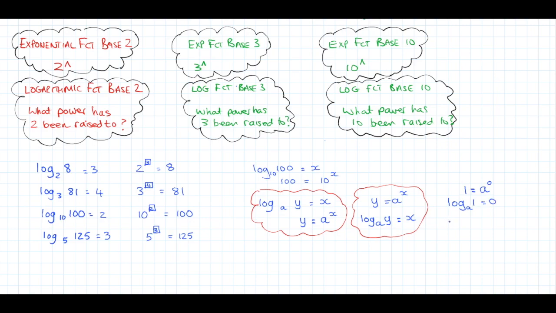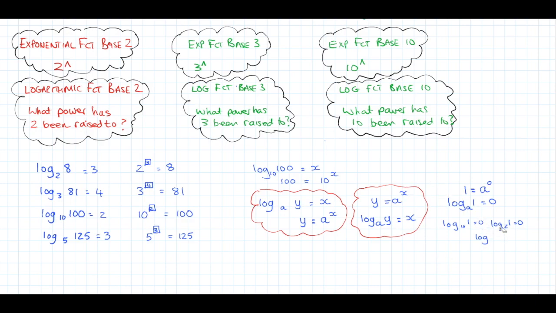What that's saying is log 1 to any base is equal to 0. So we have log 1 to base 10 is equal to 0. Log 1 to base 2 is equal to 0. In fact, log 1 to absolutely any base, log 1 to base 5, let's rub that out.